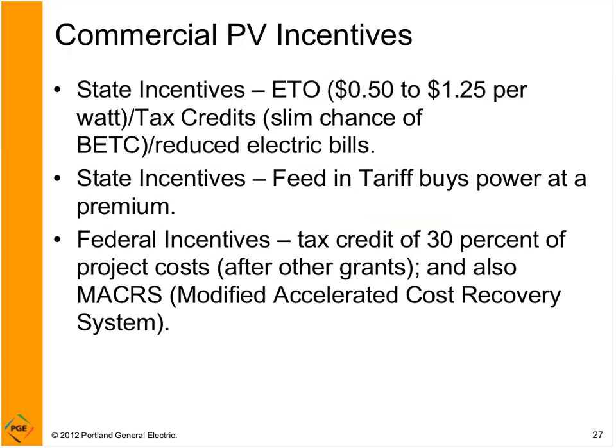Incentives. Incentives for PV are very similar to solar thermal. In Oregon, and if you are with Pacific Core or PGE as an electric utility, and a few people in Idaho Power, the Energy Trust will incentivize PV.